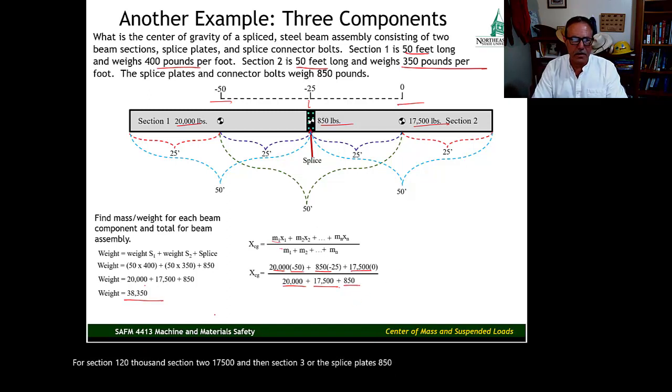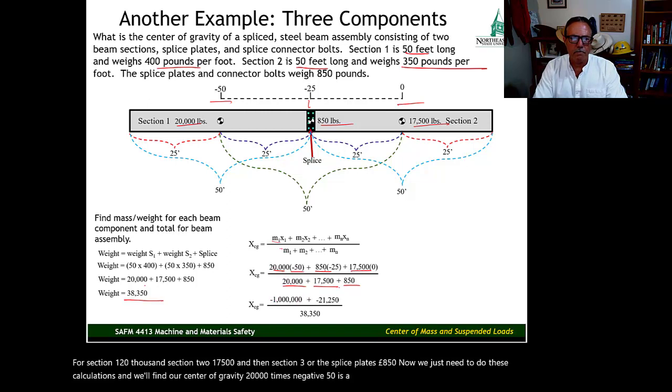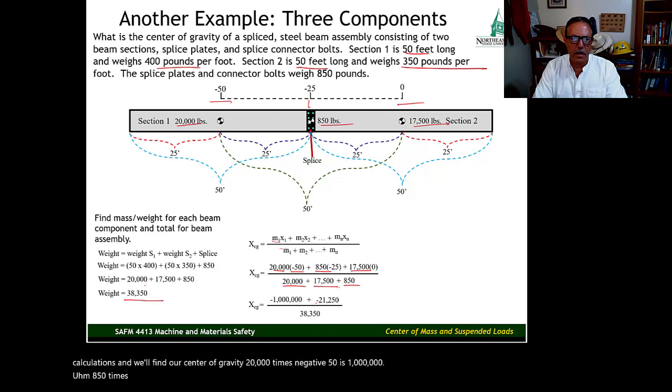Now we just need to do these calculations and we'll find our center of gravity. 20,000 times negative 50 is negative 1,000,000. 850 times negative 25 is negative 21,250. Then 17,500 times 0 is 0. So it's not even brought down because it zeroes out.